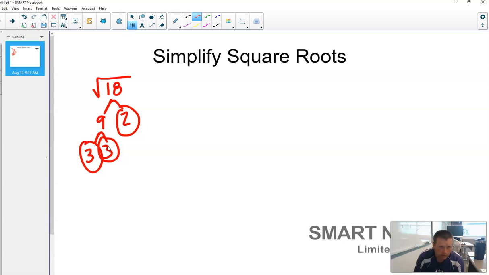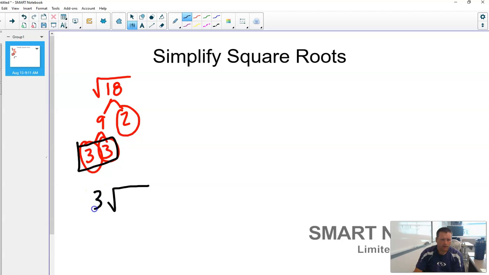And since we're doing square roots, we need pairs. I'm looking for any pair that's the exact same, and there's a pair of 3s. What that means is I can take one of these out, outside of this root here. Okay, so I've got my root here.